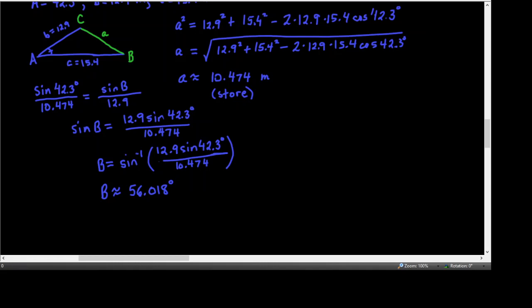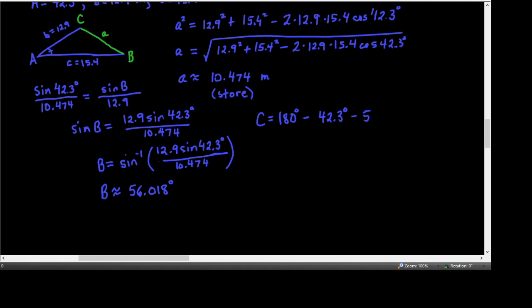And then the best way to find C, now that we know two angles, to find angle C, we're going to use the fact that the 3 sum to 180 degrees. So 180 degrees minus the two angles, one which was given, and the other which is probably still in your calculator.